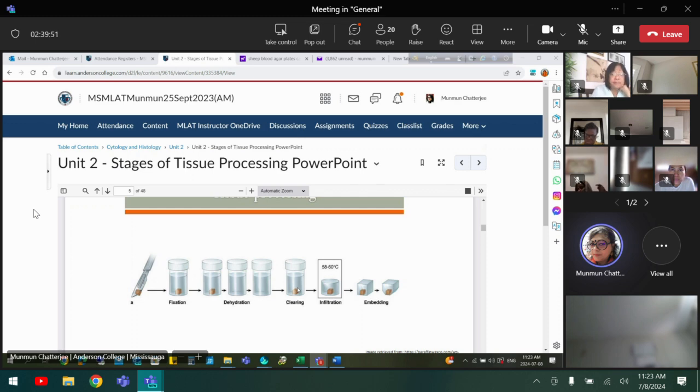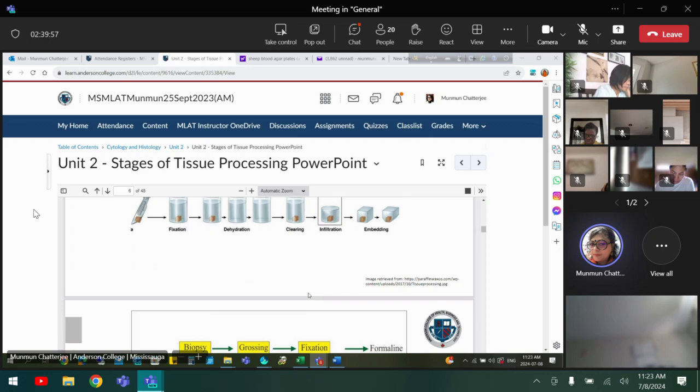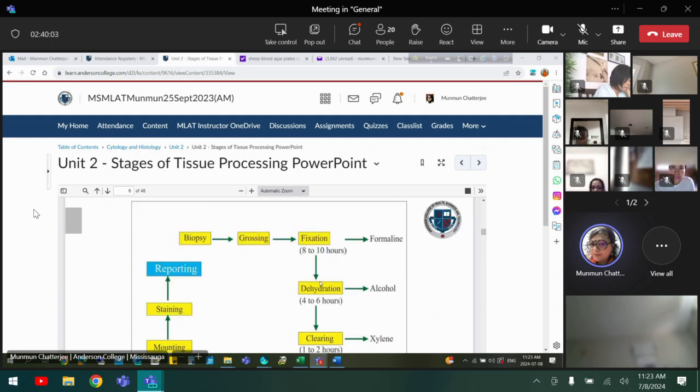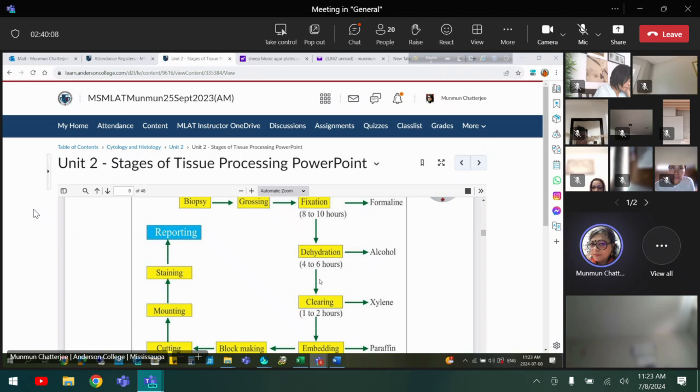And then you have to infiltrate. That means you are going to put the tissue in wax, then you are going to embedding, and then finally cutting, then putting on the slide, then you are doing the microscope analysis.